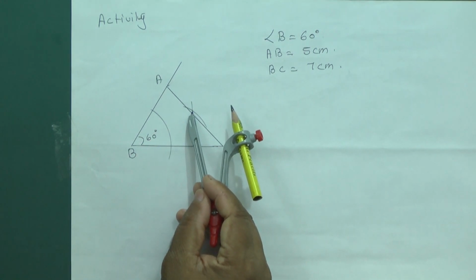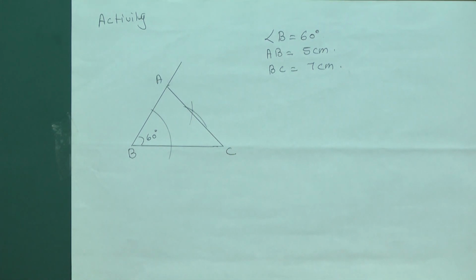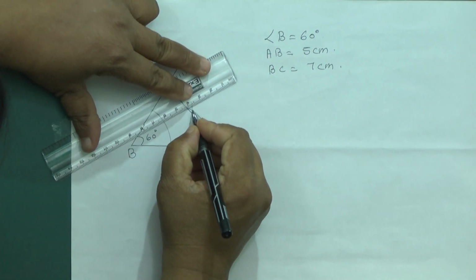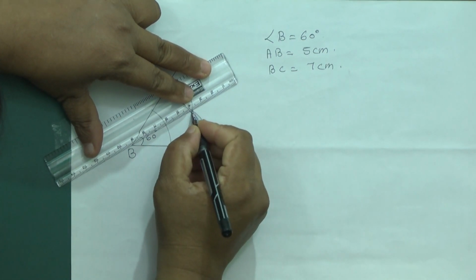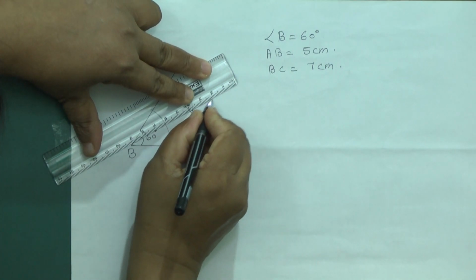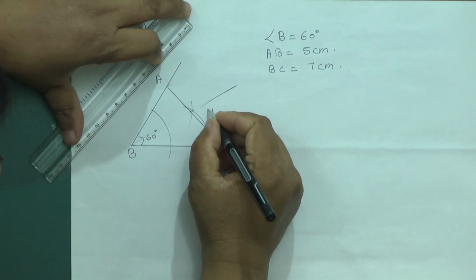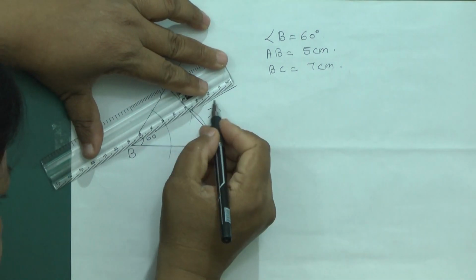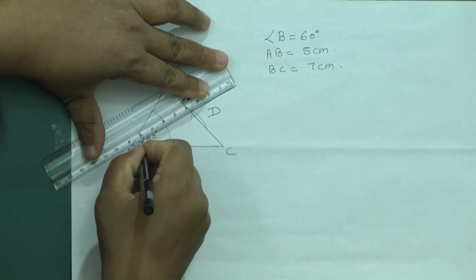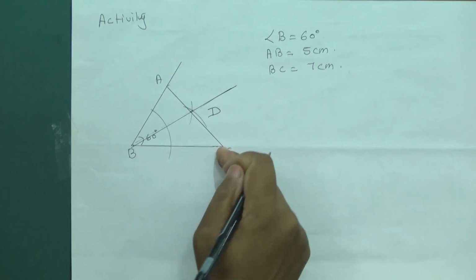The point where both the arcs are intersecting one another, join that point and B. So this is your point D, where the bisector is cutting the line AC.